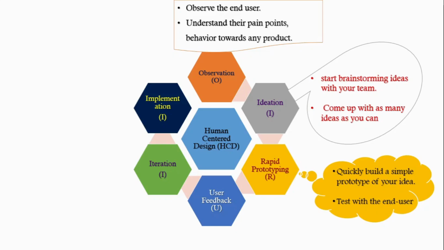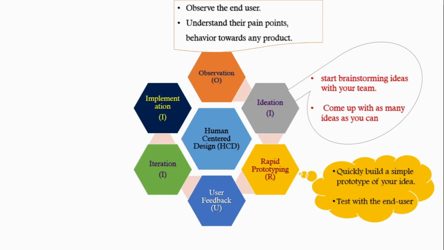There are many items related to the physical prototype. You can use paper, cardboard, clay, metal, wood, etc. So what is our goal here? To quickly build a simple prototype of your idea. And by this, you can test easily with the end user.